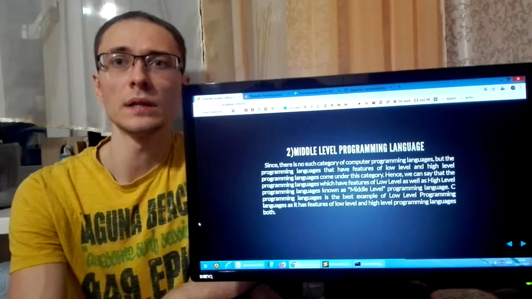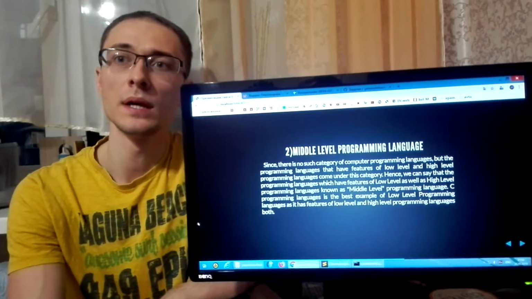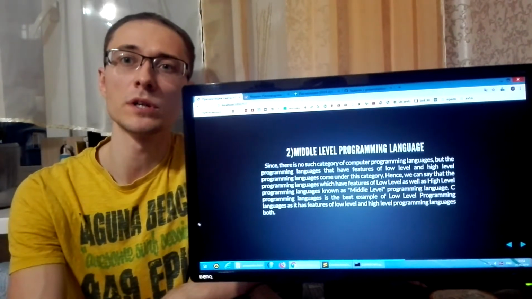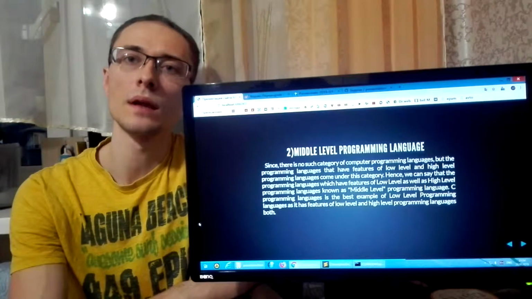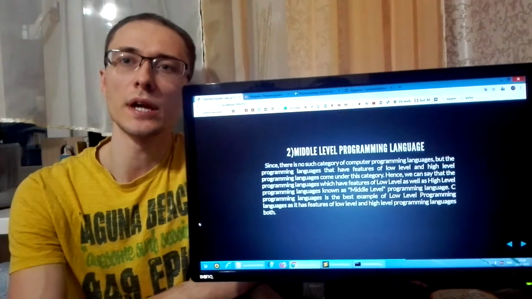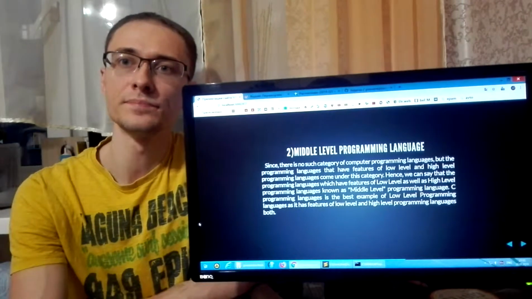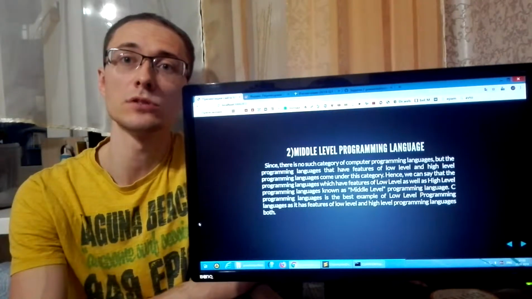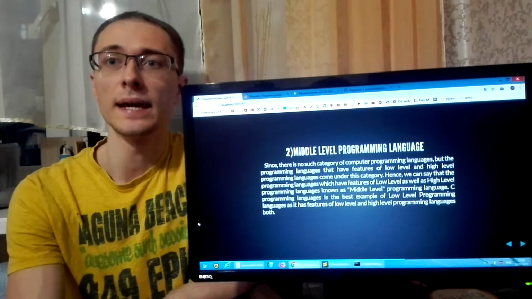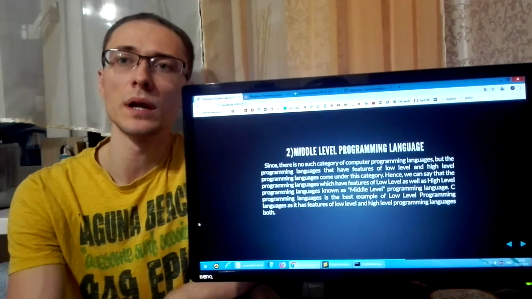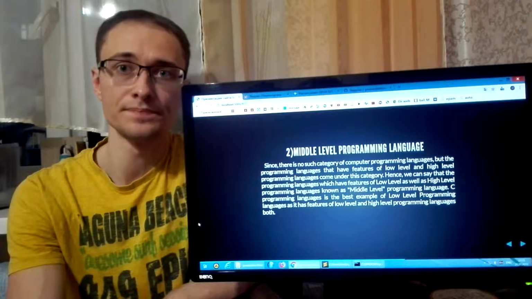So a translator is required to convert a high-level program to its equivalent machine code. A compiler or interpreter is a system software which converts a program written in a particular programming language to its equivalent machine code.